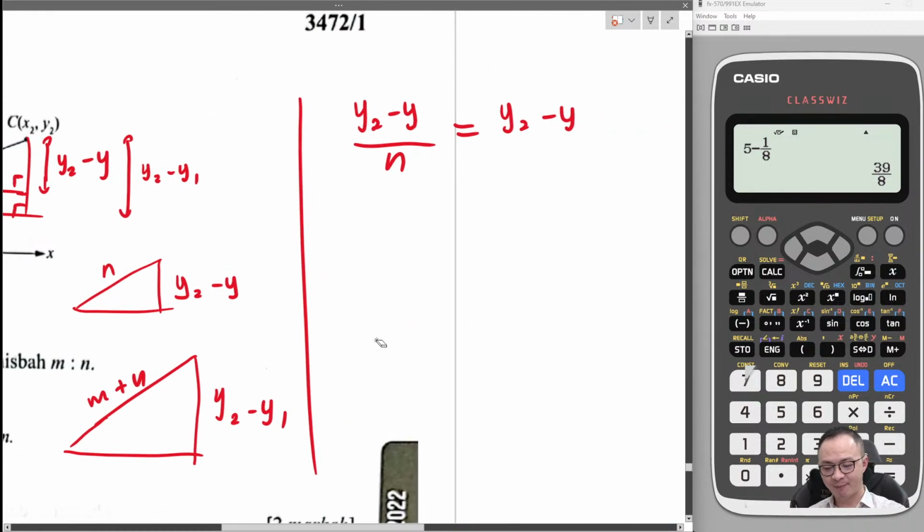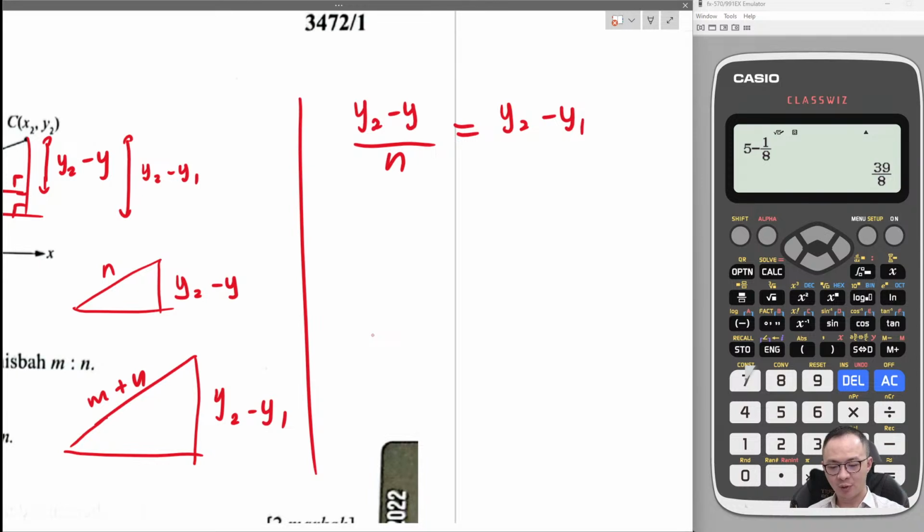Then y1 over n plus n. Okay, this one over this one, this one over this one. Cross multiply and see what happens. So y2 minus y multiply.